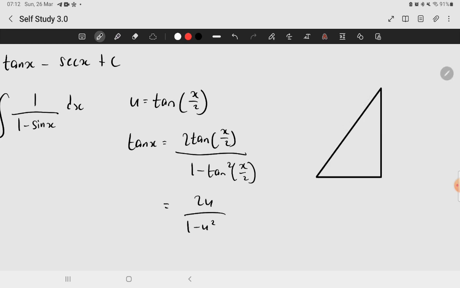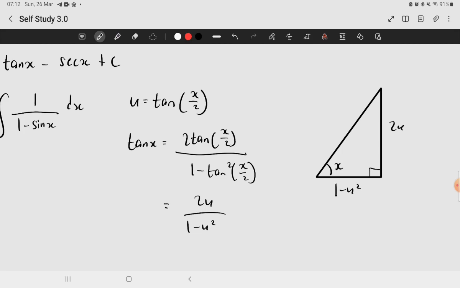Here will be the right angle, and here will be my angle x. Using the acronym SOHCAHTOA, TOA will be opposite and adjacent. So the opposite will be 2u, and the adjacent will be 1 minus u squared. And then the hypotenuse will be 1 plus u squared. Is it 1 plus u squared?